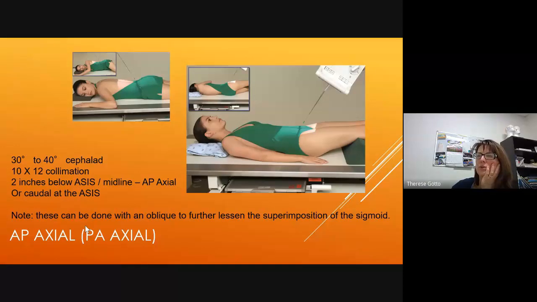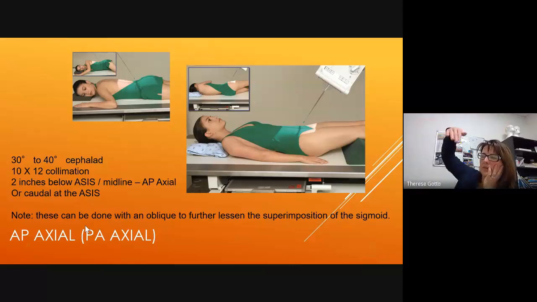You're going to put your central ray 2 inches below the ASIS and at midline. If you're doing a posterior PA, you're going to have a caudal angle, and this is going to straighten out that S on your sigmoid colon.